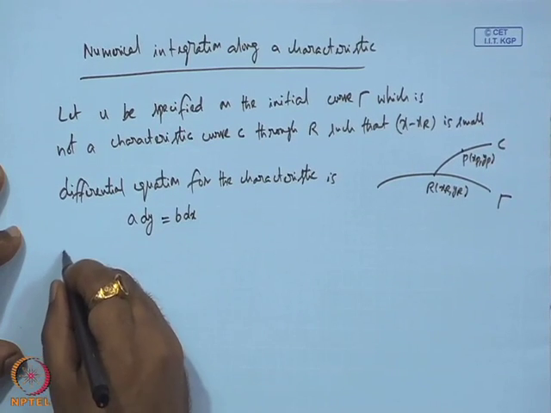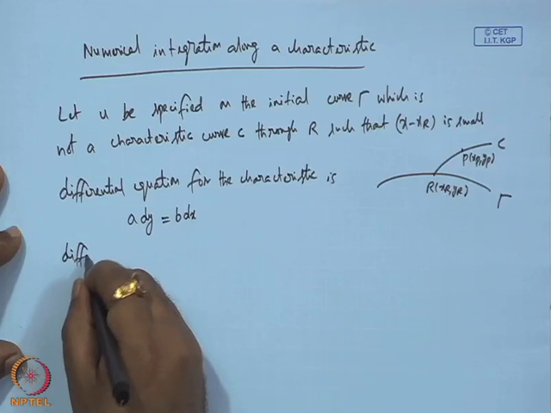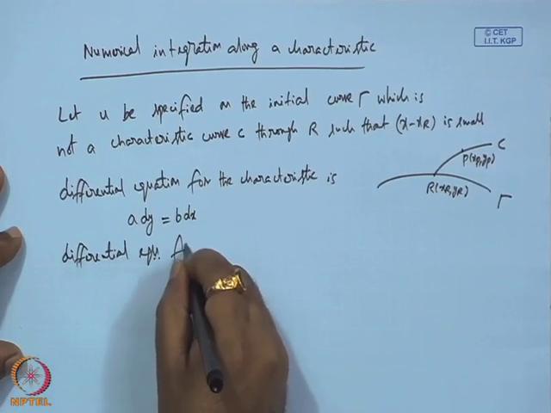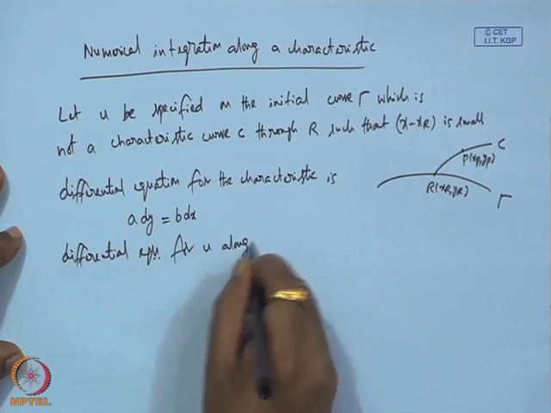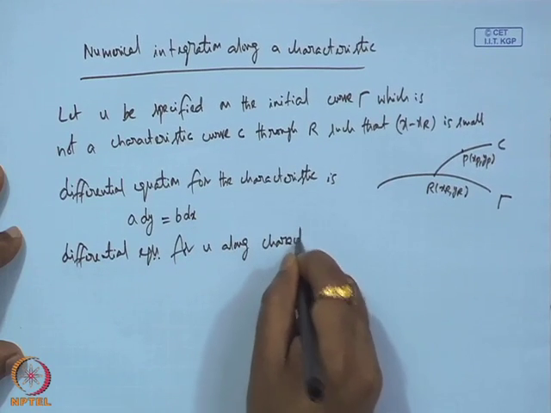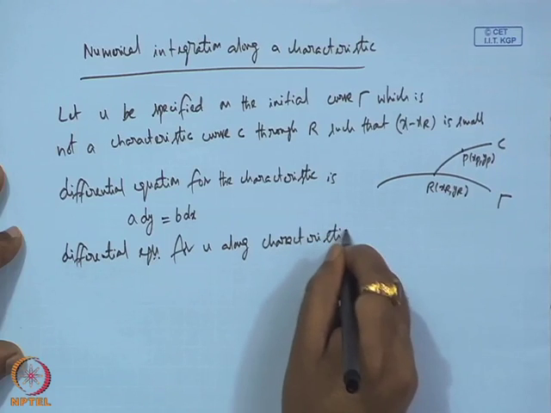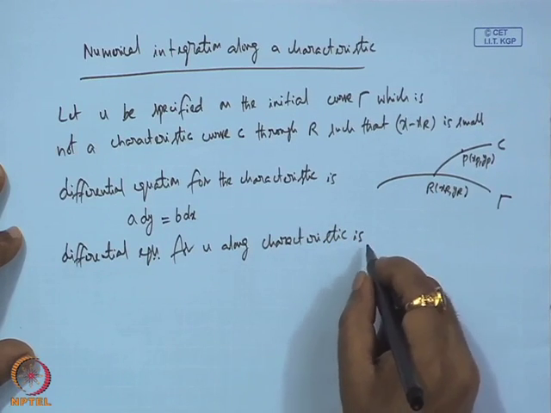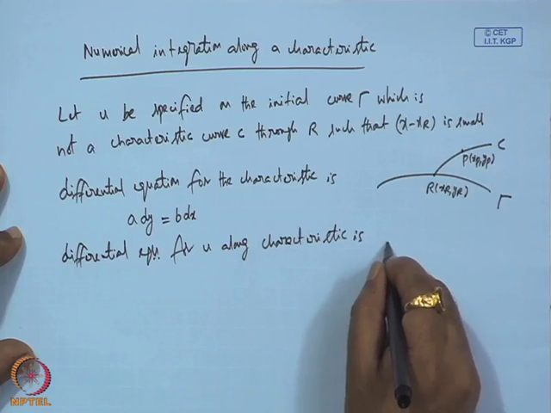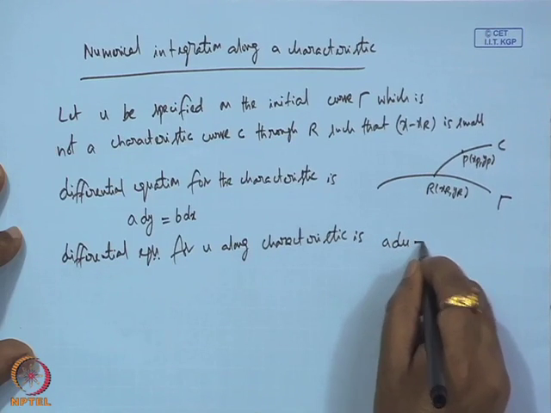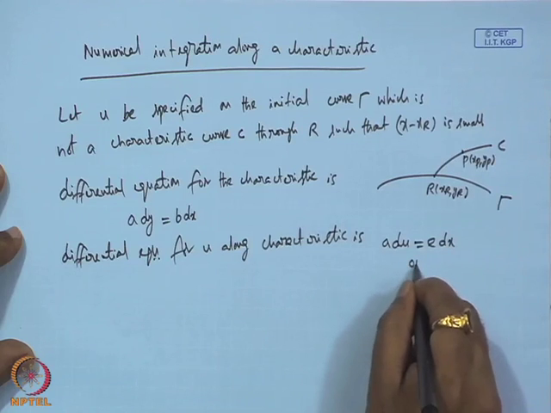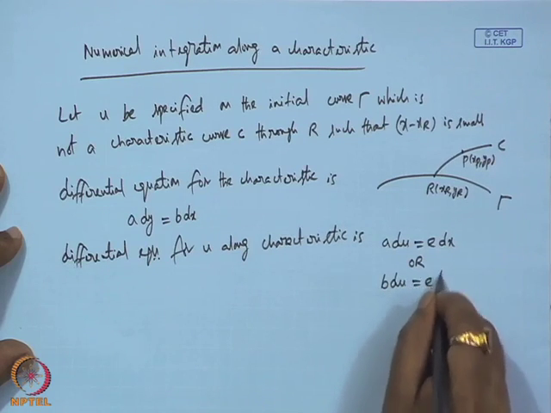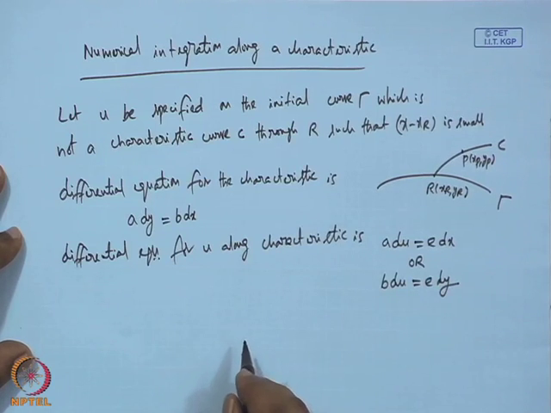Then the differential equation for u along the characteristic is A du equals E dx, or B du equals E dy.